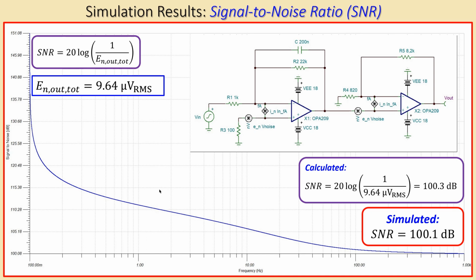Okay, that's for this example, considering several situations where you also have seen the input and output noise voltage spectral densities, and also the SNR in this case as a final situation.